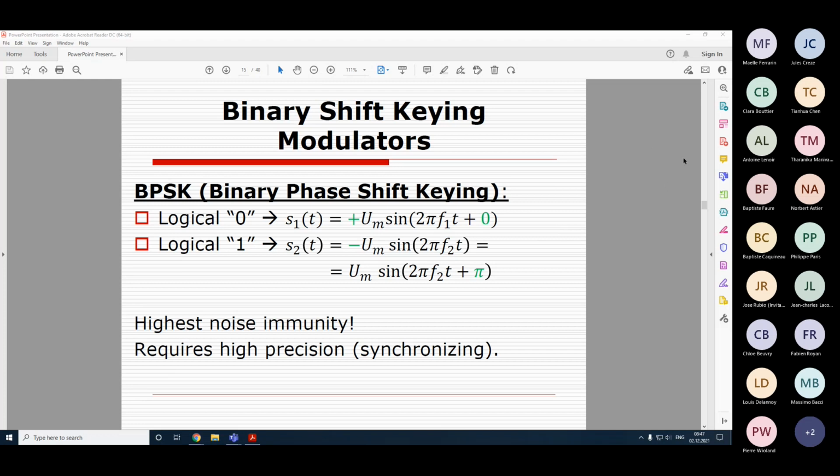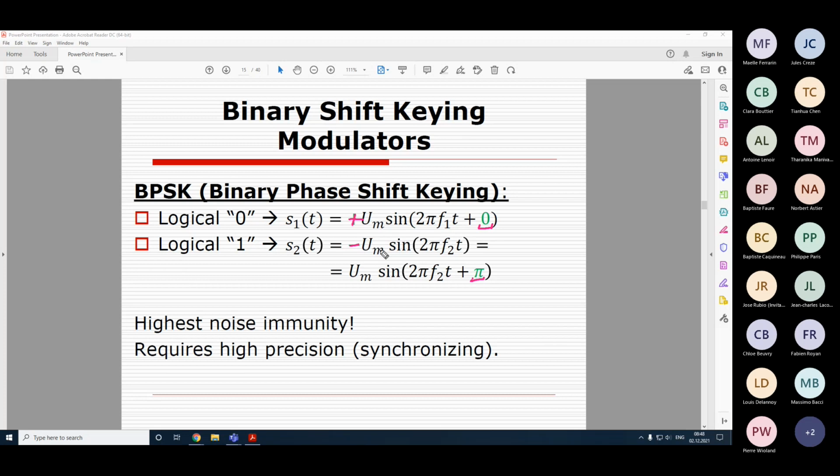So let us continue to phase shift keying. For phase shift keying, we have a different initial phase of our carrier. So for example, for 0, we have plus sine wave, which is the same as 0 initial phase, and for the binary symbol 1, we have minus sine wave, which can be described as an initial phase of pi for this sine wave.